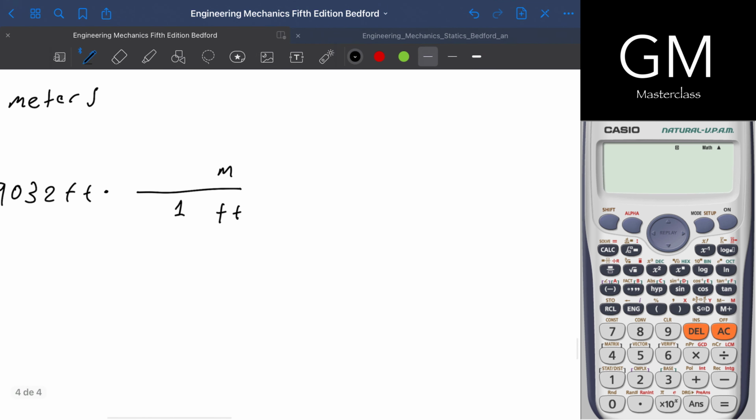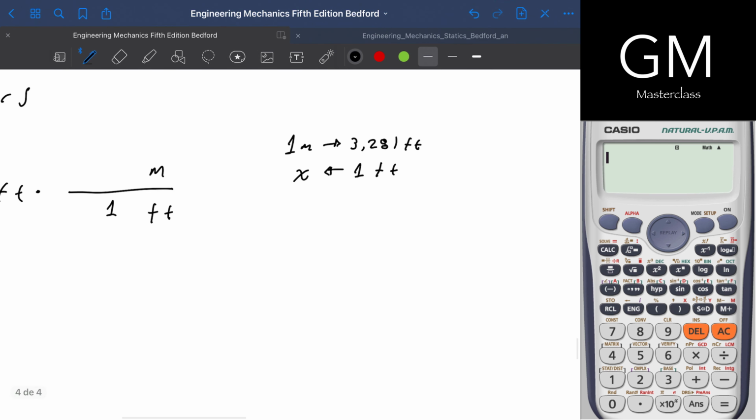I don't know how many meters are 1 foot, but what I do know is that 1 meter is equal to 3.281 feet. And what I just have to do is find this x value. So the result is to multiply these two values and divide the result by this one.